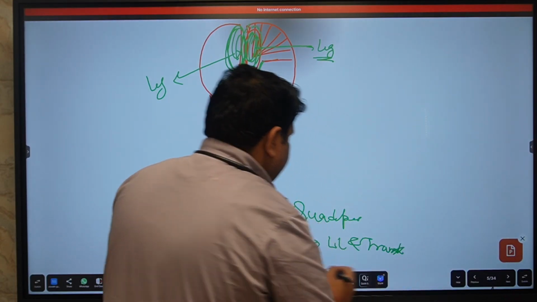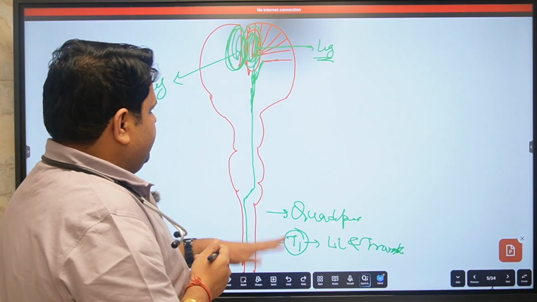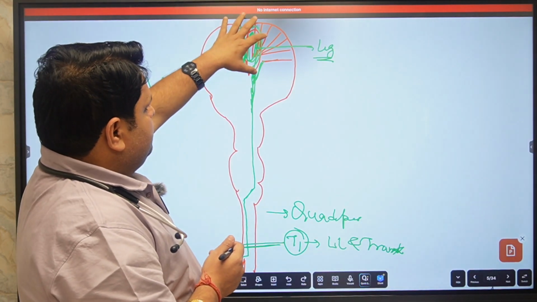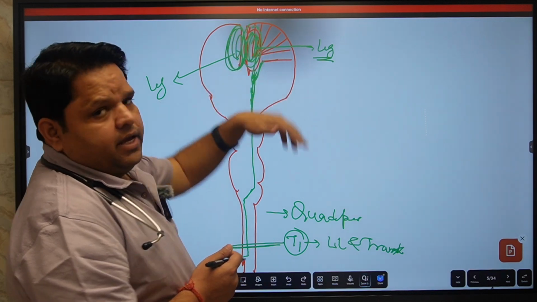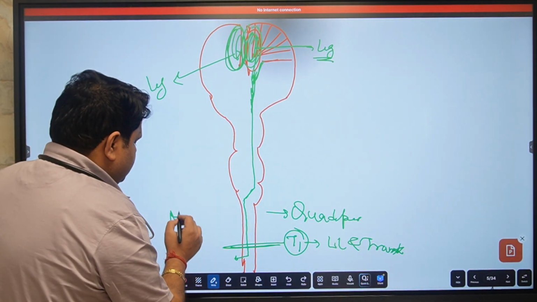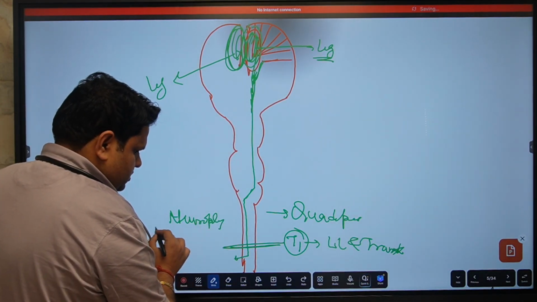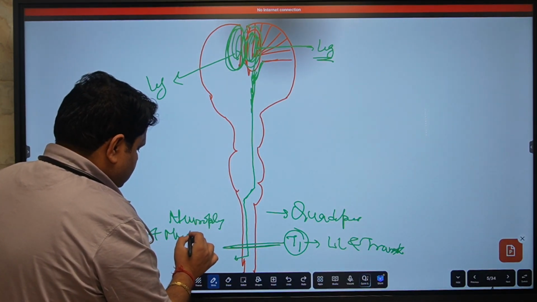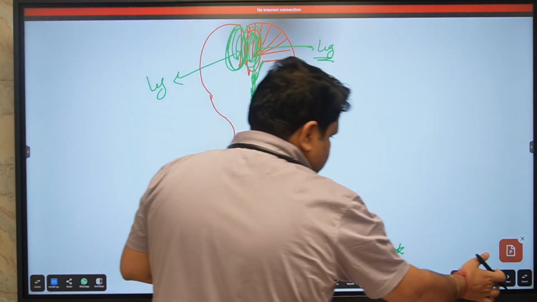So any lesion below T1 in the spinal cord causes classical paraparesis or the paraplegia. In brain cortex, involvement of the bilateral parasagittal area can causes the weakness of the both lower limb. As I say, neuropathy and the myopathy again may causes the weakness of the both lower limb or the paraparesis.